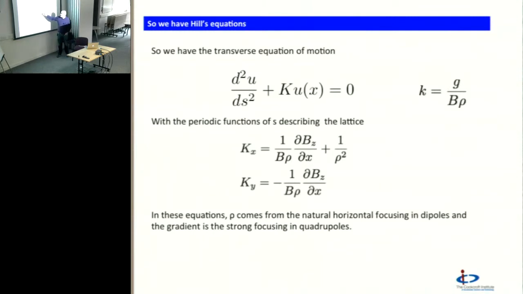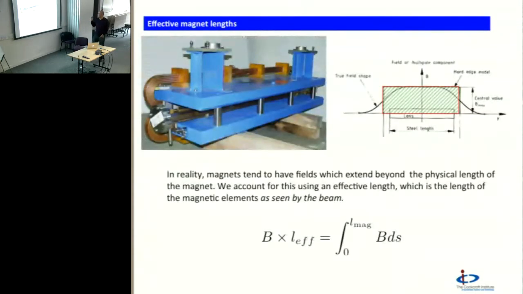If we look at the horizontal plane, we have a quadrupole bit and a natural focusing bit. For the vertical plane, that should be a z, not a y, bugger. So I got it right there. Then we have the term in the vertical plane. So our goal now is to solve them, dead easy. But just one word on effective magnet lengths. You'll hear this as you talk to real people doing real accelerator design.